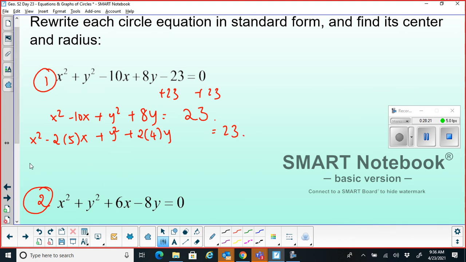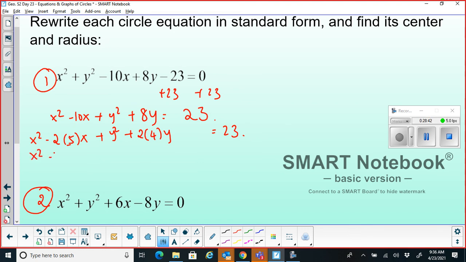So as to complete the square, this is missing 5 square, and here I'm missing 4 square, so I need to add 5 square and add 4 square on the left side. Same way, if I add 5 square and 4 square here, I'll have to add 5 square and 4 square even on the right hand side.